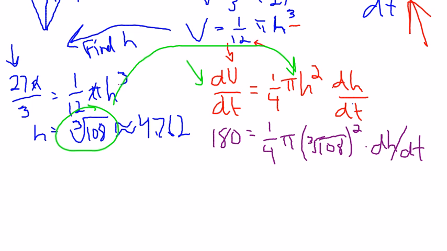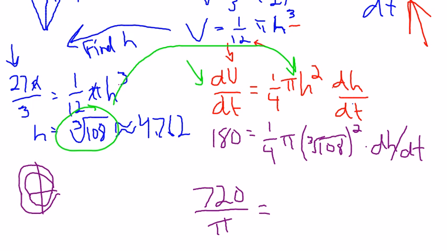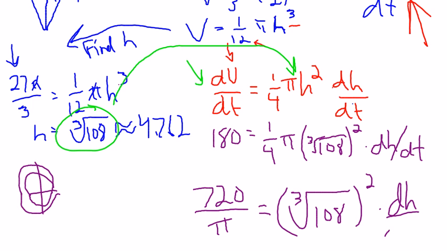I'm thinking revolutions around a clock, so I got 180, 360, 540, 720. Yep, 720, over pi equals the cube root of 108 squared times dh/dt.